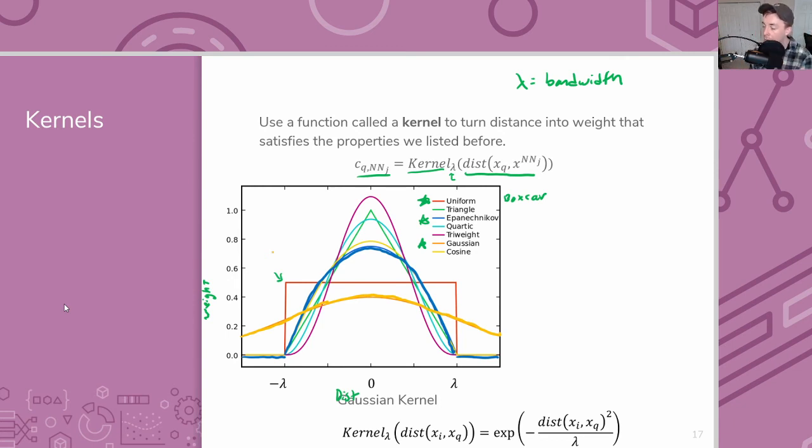And the bandwidth determines how wide you want it. If you choose larger and larger lambda, it's going to be more and more spread out. If you choose smaller and smaller lambda, it's going to be more spiked towards the center. But importantly, it doesn't ever assign 0 weight. It's going to assign some weight to every point because the normal distribution gives a non-zero value to every point that's defined for the entire domain.